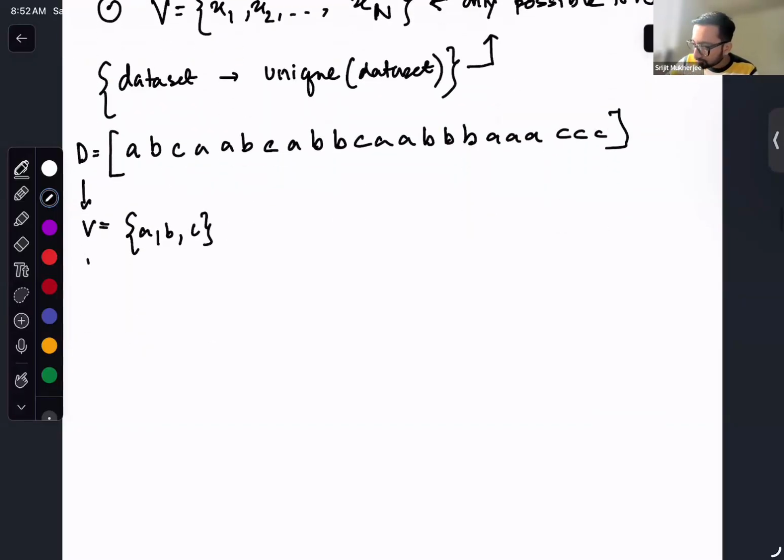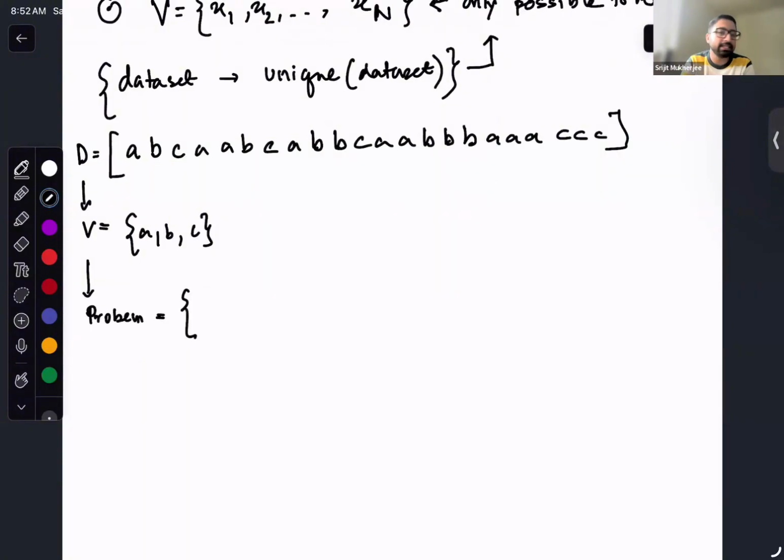Now, what is the problem statement here? The problem statement is, based on this data set that you are learning from, this sequence of tokens, if I give you a new sequence, let's say BBC, the BBC News, then what will be the next token?